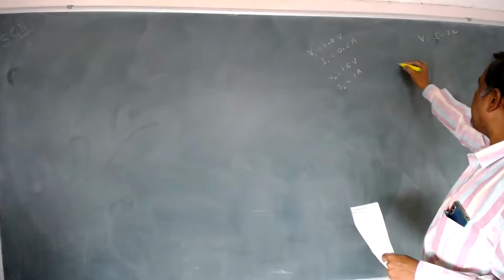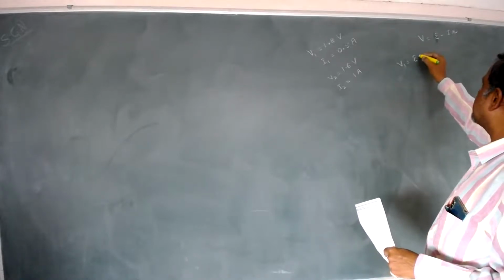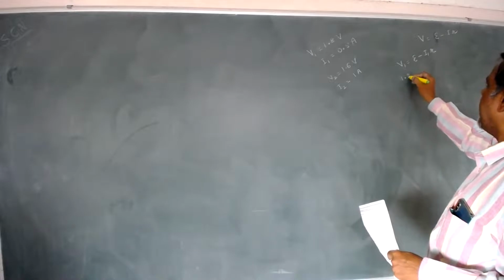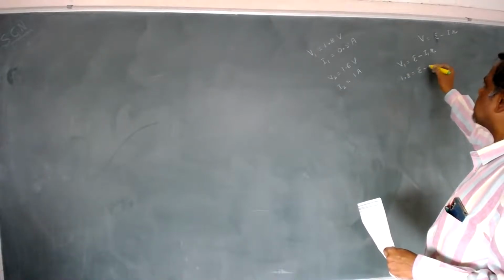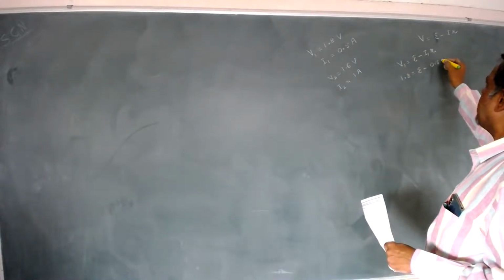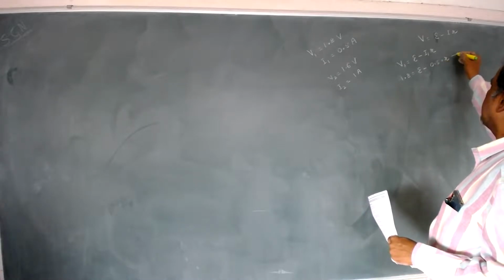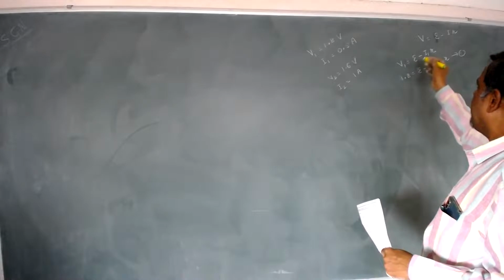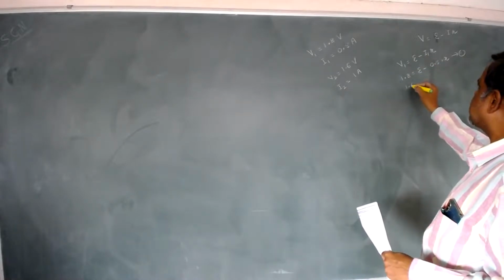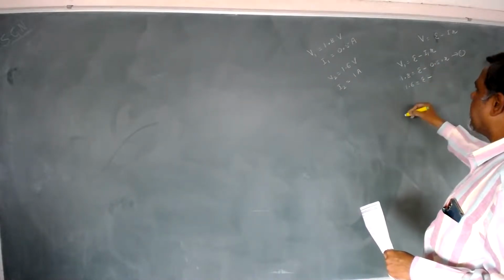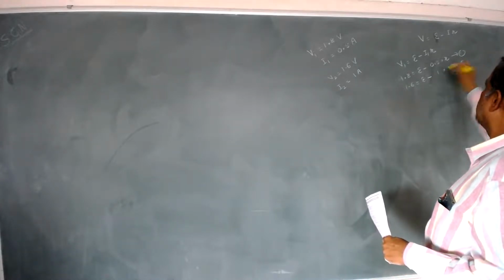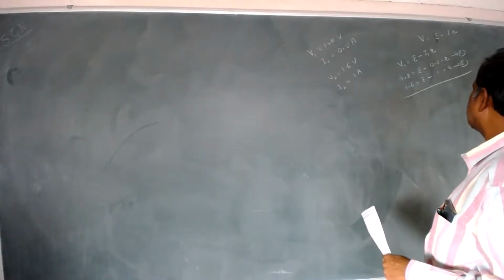So V1: 1.8 is equal to epsilon minus 0.5 into R. Equation 1. Next, V2: 1.6 is equal to epsilon minus 1 into R. Equation 2. Solve these two equations.